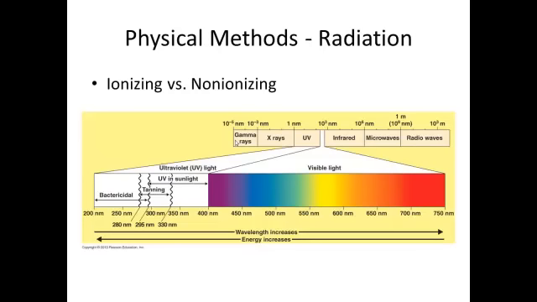The rays are energetic enough that they're going to knock electrons off of molecules, and we're going to create ions where they shouldn't be. If you create ions in the plasma membrane, then your plasma membrane breaks down. If you create ions in proteins, you change the structure. If you create ions in DNA, you break up the DNA, you cause mutations. Okay, it's sterilizing. Gamma rays penetrate further than UV rays do.